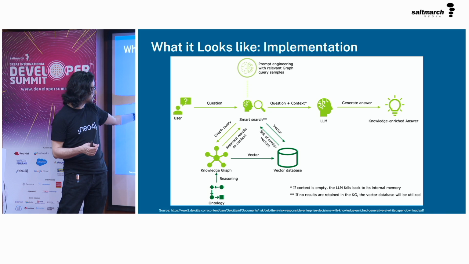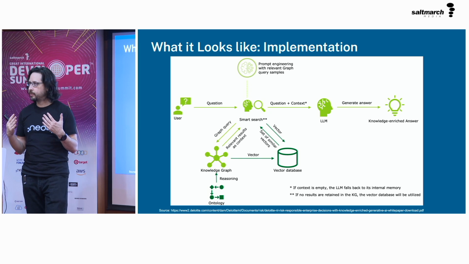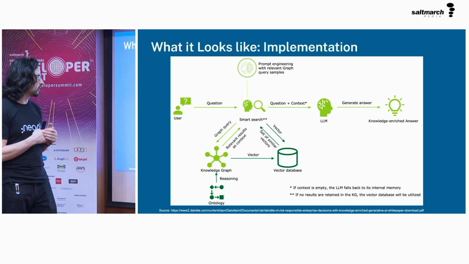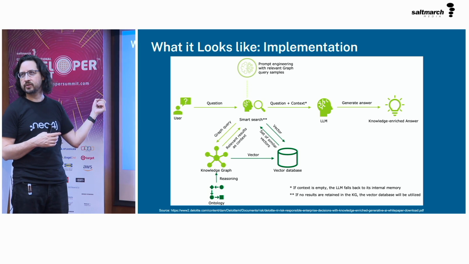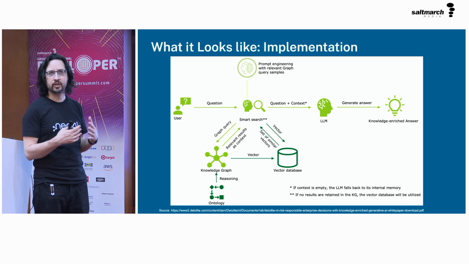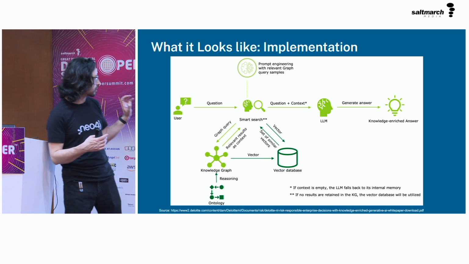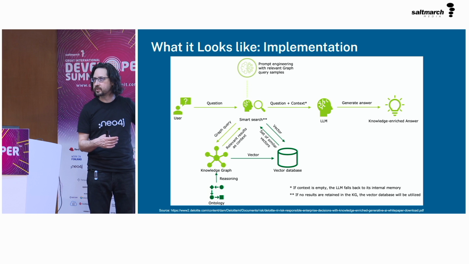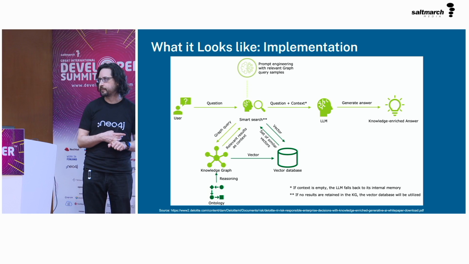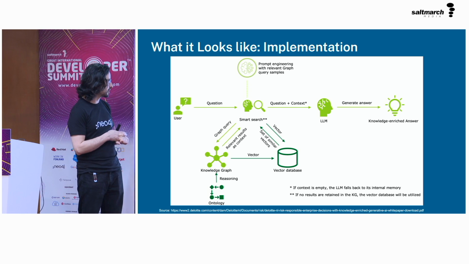If you don't get results back from the graph, the fallback is you ask the vector database about it. Vector databases basically encode information in vectors inside of the database so that you can add additional knowledge sources and information which didn't exist at the time the model was trained, or return public documents.